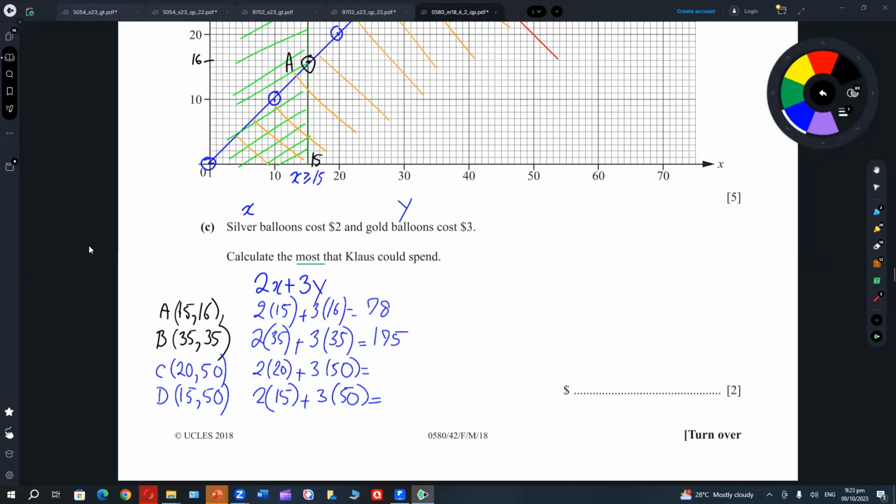And then the third one is 190. And then 180. So where are you getting the maximum? 190 at C. This is called linear programming.